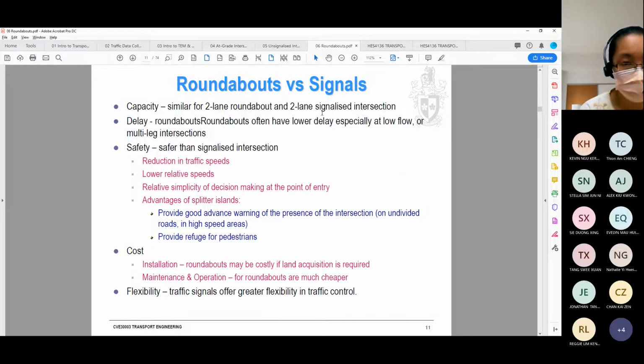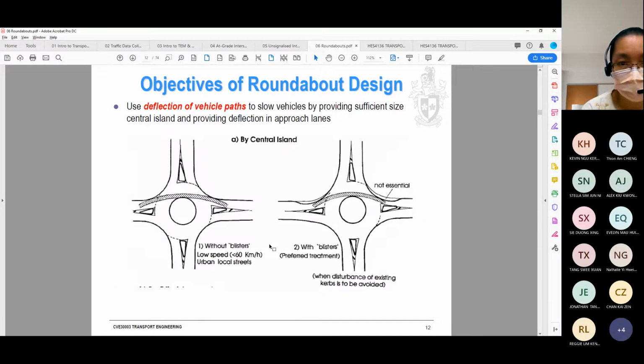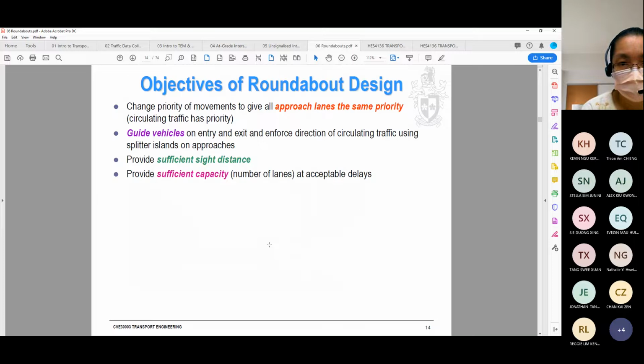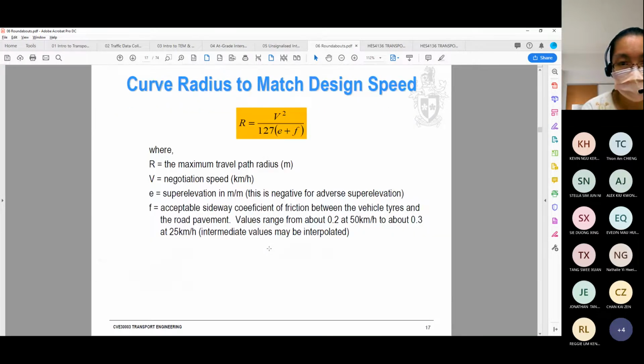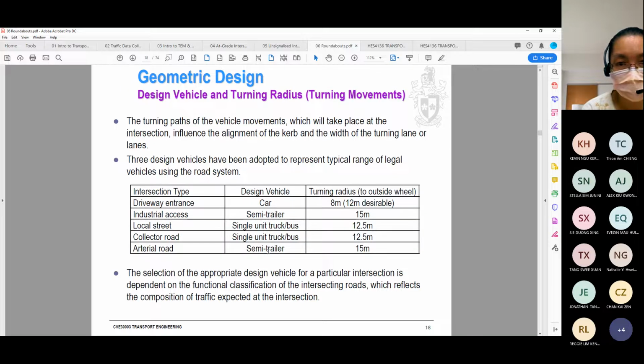And for roundabout design, usually it's to cater for either capacity or safety.